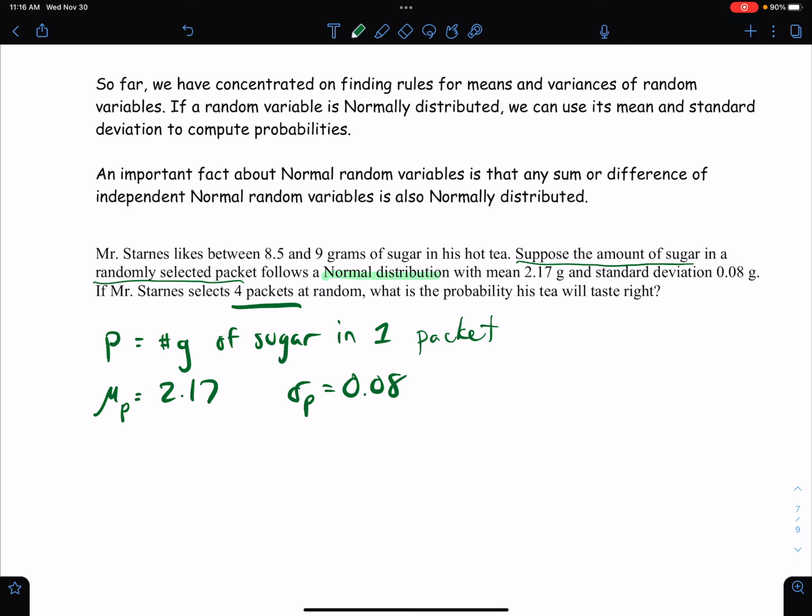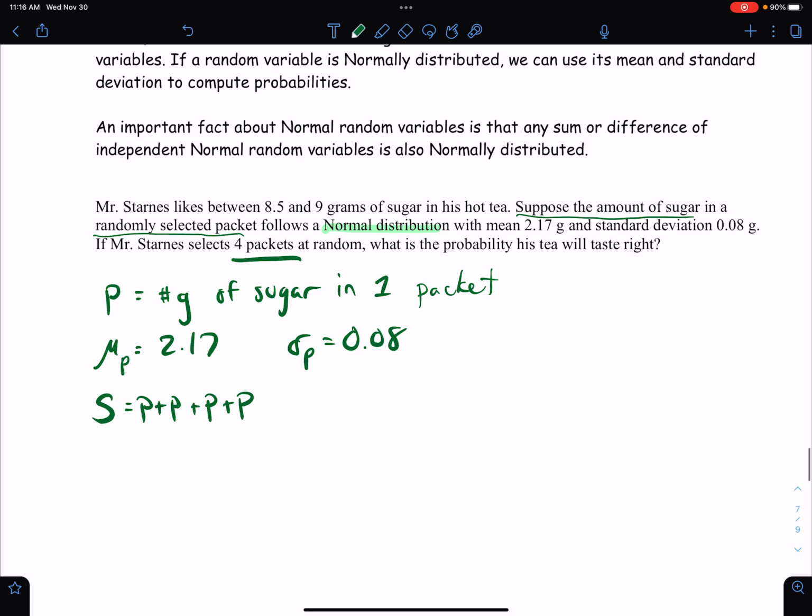So if we have 4 packets, that means what we're trying to do is, if S is the sum of all of them, we would be adding P plus P plus P plus P. So there's 4 different random variables. They're all the same random variable, but there's 4 random variables we are adding together.